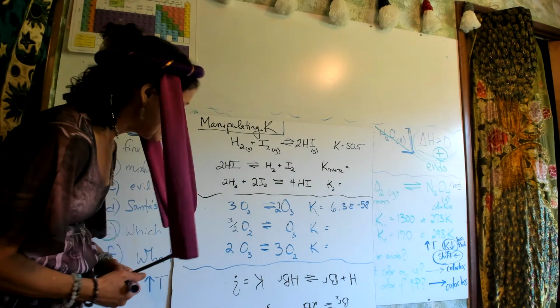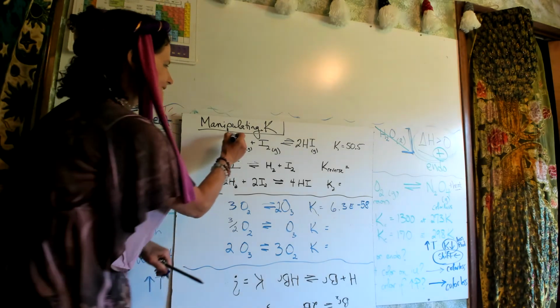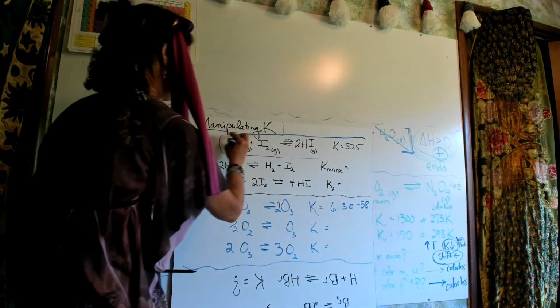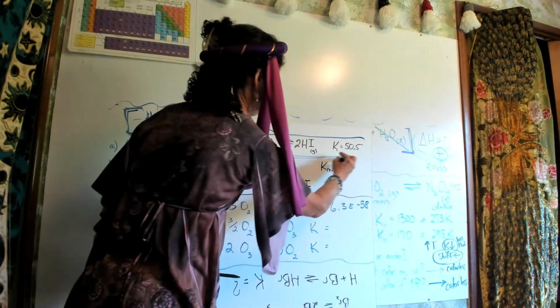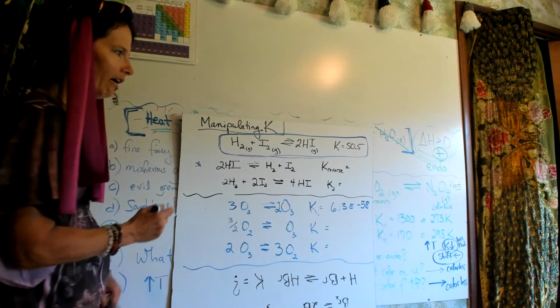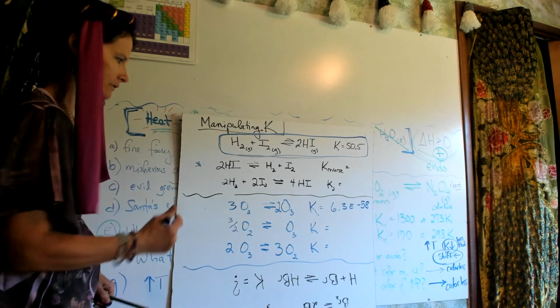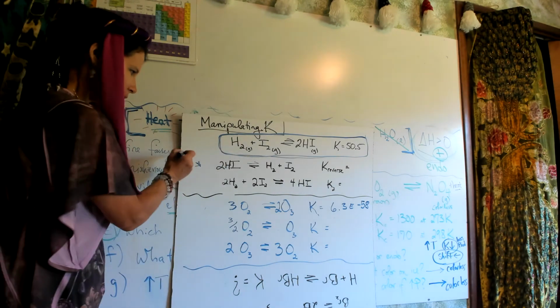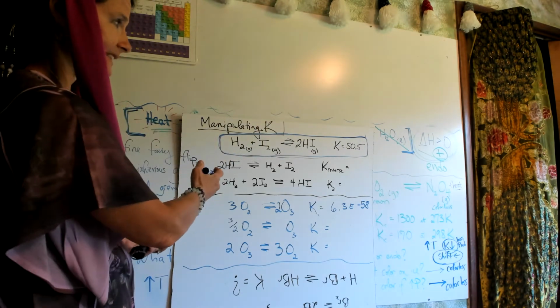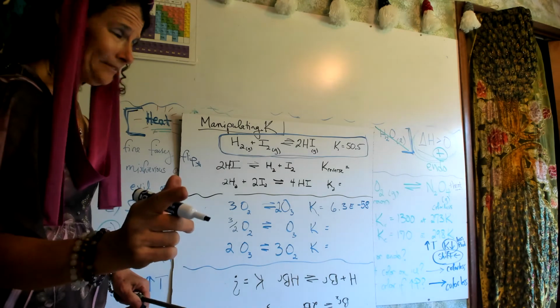So we're going to manipulate K. This is our starting point. And then what happened here? All I did is I flipped the equation. So when you flip the equation, so my product became the reactant, you flip K.